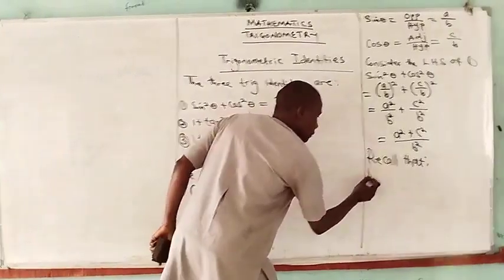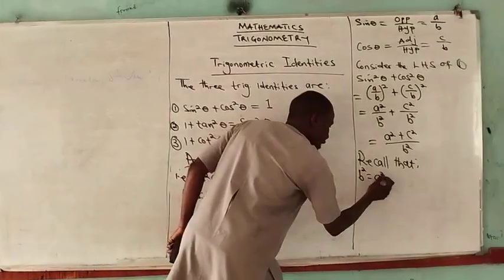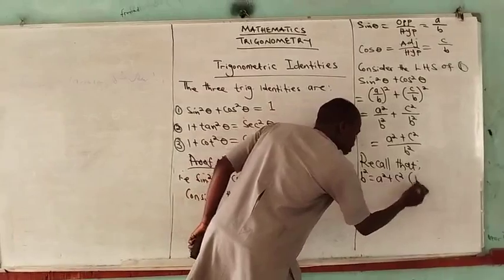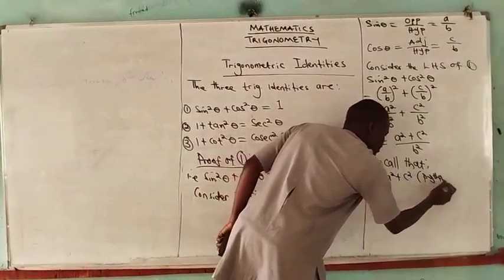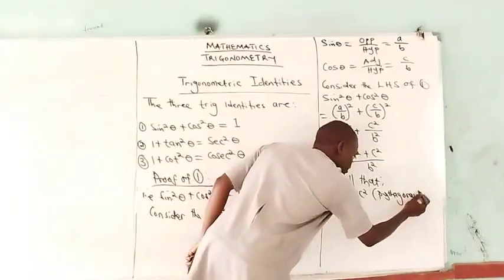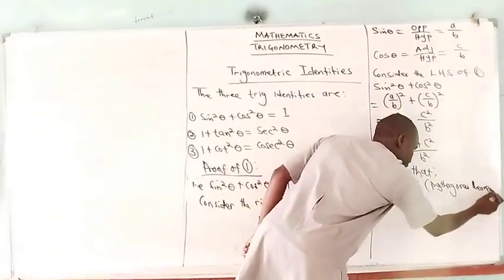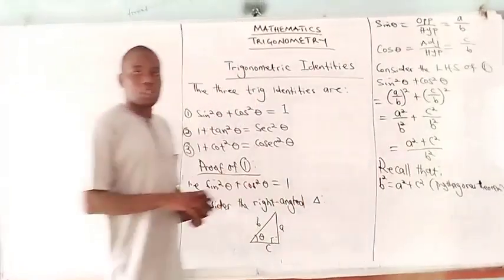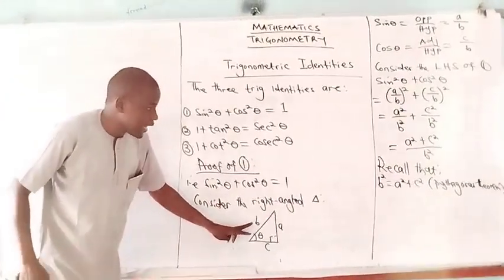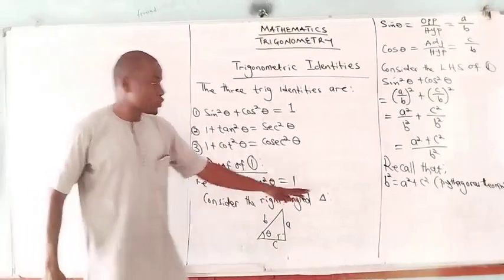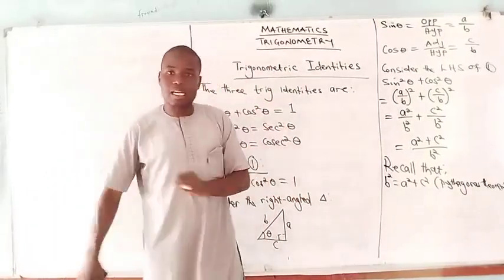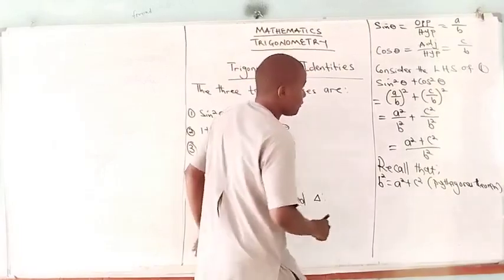That is, B square is equal to A square plus C square. Recall that. Understand?